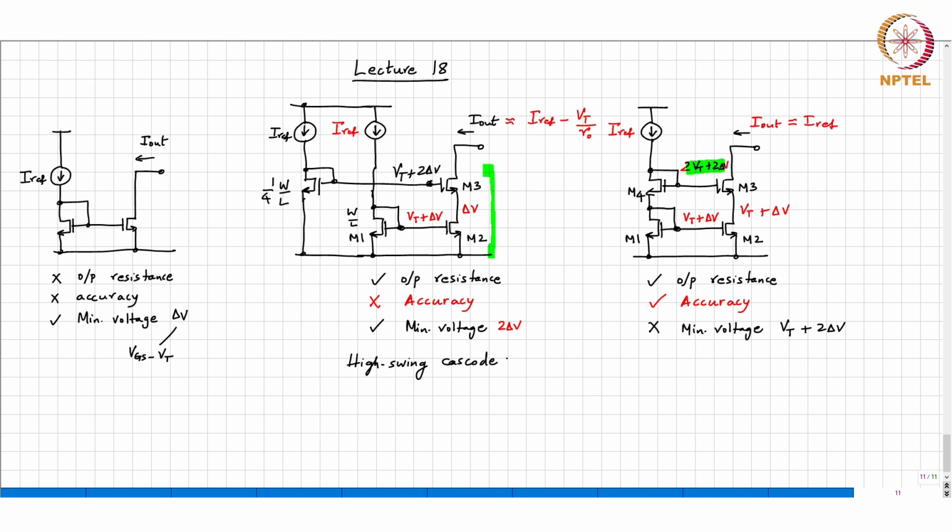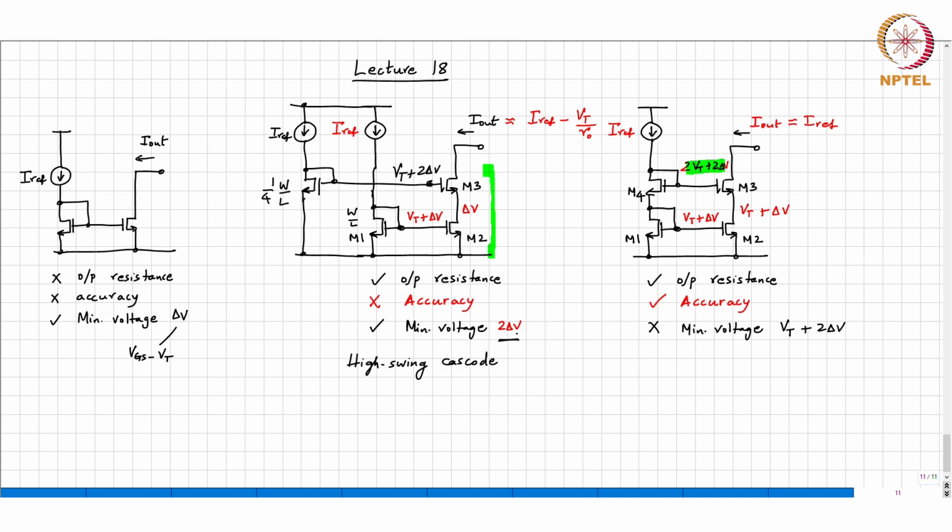If you want gm ro squared, the minimum headroom that you need is 2 delta V. You're stacking 2 devices, and the minimum voltage needed to keep each of those devices in saturation is delta V. So you cannot presumably get away with a minimum voltage which is smaller than 2 delta V, right?